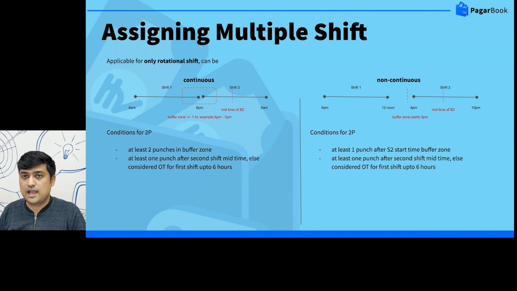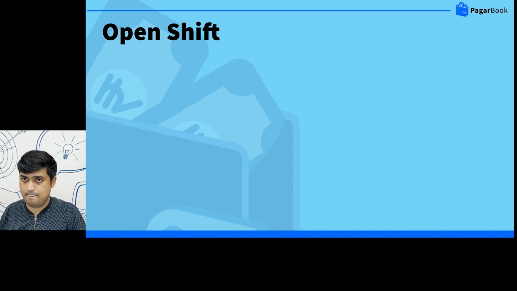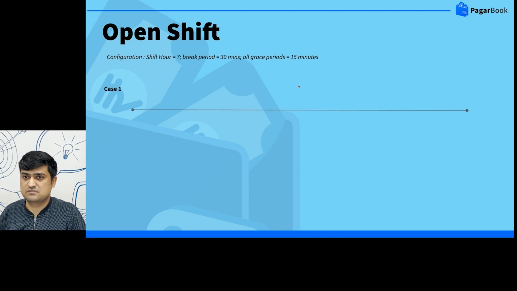Moving on, we'll look at how open shifts work. So let's say you have configured work hours as 7 and a break period of 30 minutes and all grace periods of 15 minutes. Now, the user, sometime in the day, let's say 7 a.m., has punched in, starts break at 12 noon, ends break at 1 p.m. and punches out at 2:45.